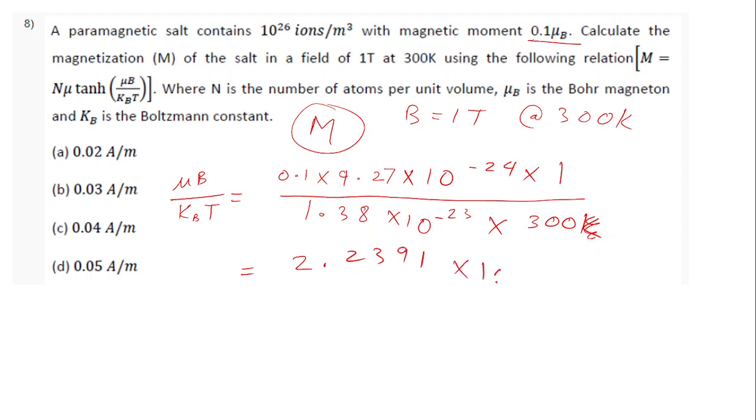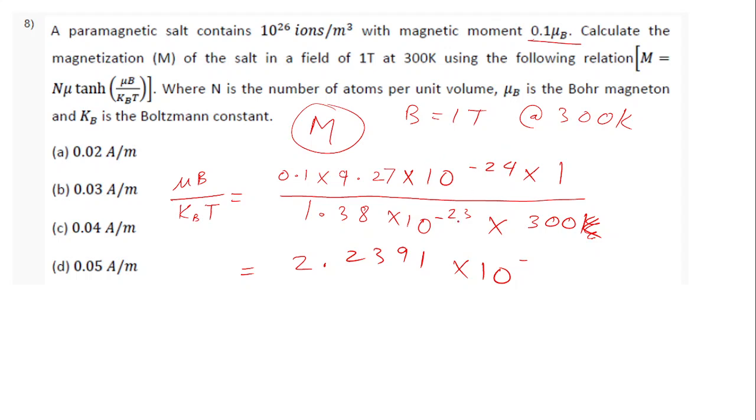Let me recheck: 0.1 times 9.27 times 1 Tesla, divided by 1.38, divided by 300.